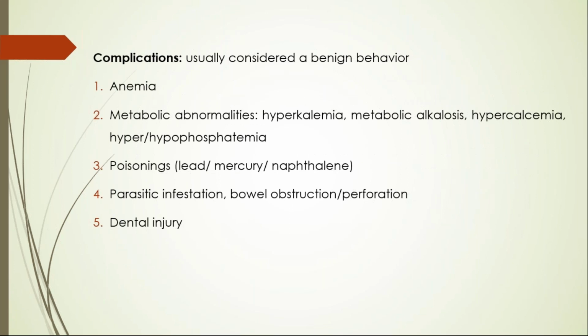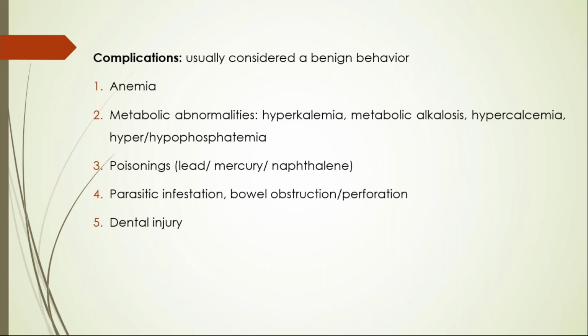So there can also be complications because of pica. Anemia itself can be a trigger factor, and eating mud can cause anemia because of lead. It can also happen because of parasitic infections, hookworm infections, which also lead to anemia. There can be metabolic problems like hyperkalemia, metabolic alkalosis, and lead poisoning if the soil is rich in lead, and paint and all.